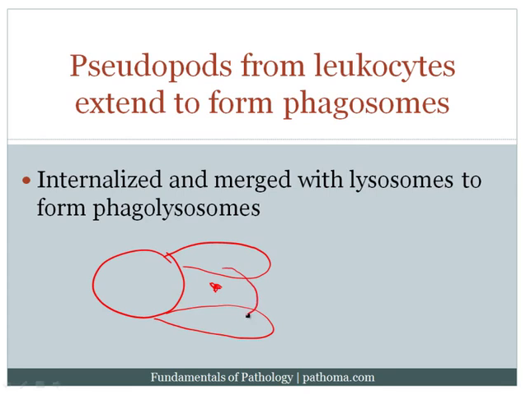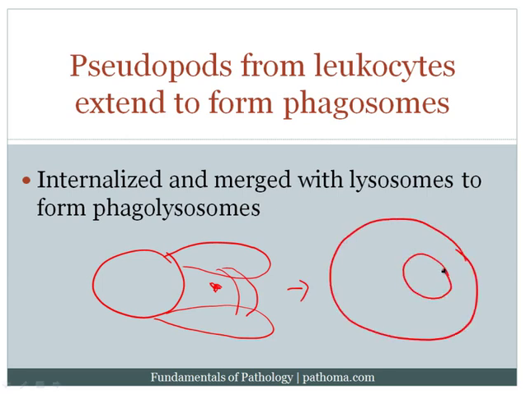So it will then wrap its arms around this molecule, and eventually it'll result in the neutrophil containing a little vesicle which actually contains the product that needs to be destroyed. And so the pseudopods, which are these fingers, extend to form phagosomes. And this is the phagosome here, this circular space that gets internalized within the neutrophil.